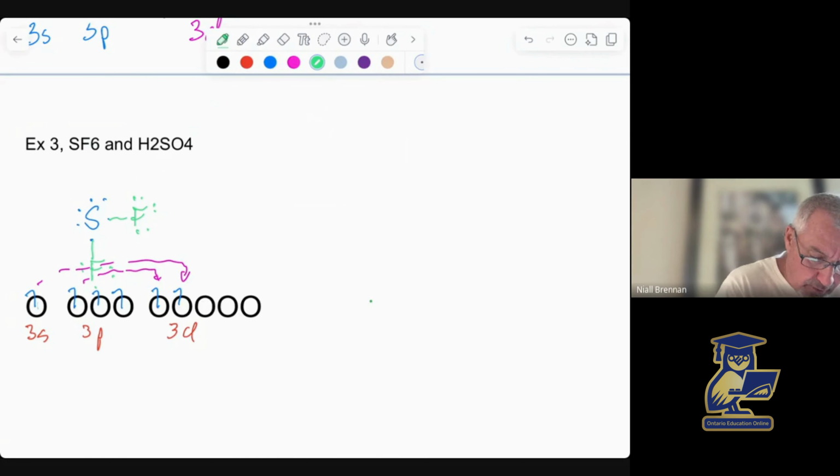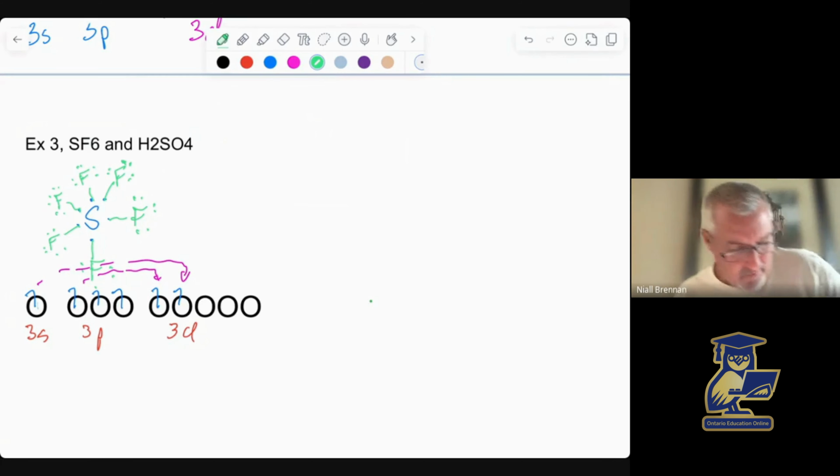And we're going to have a fluorine 1, 2, 3, and 4, for a total of 6. There's our SF6. All right, and of course we're in the second excited state, and we can match up all those 6 sulfurs with 6 single bonds right over there.